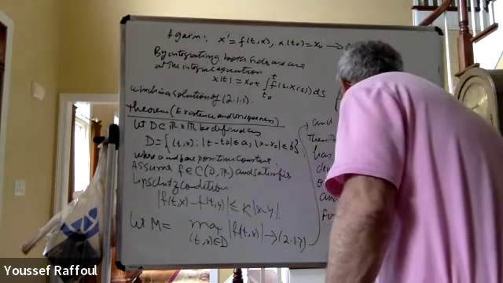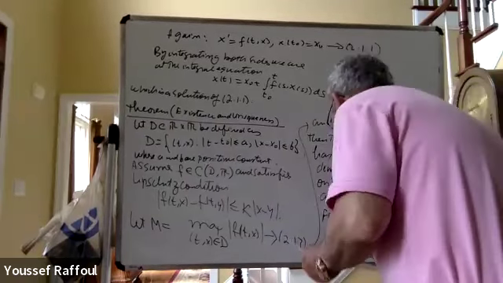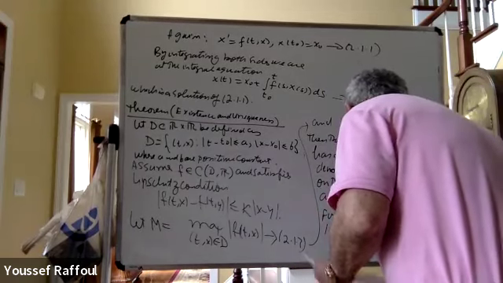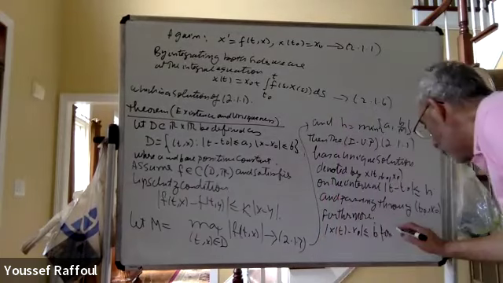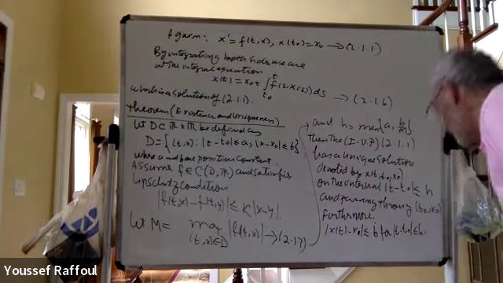Furthermore, |x of t minus x naught| is less or equal to b for |t minus t naught| less or equal to h.